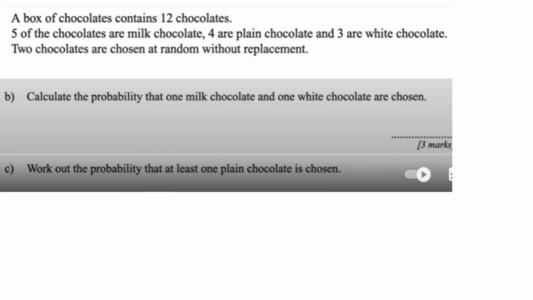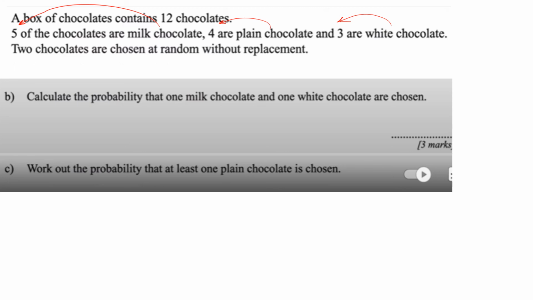A box of chocolates contains 12 chocolates in all. 5 of the chocolates are milk chocolate, 4 are plain chocolate and 3 are white chocolate. Remember that the white chocolates will be selected from the number of white chocolates, plain chocolates will be selected from the total plain chocolates, and the milk chocolates will be selected from the milk chocolates.